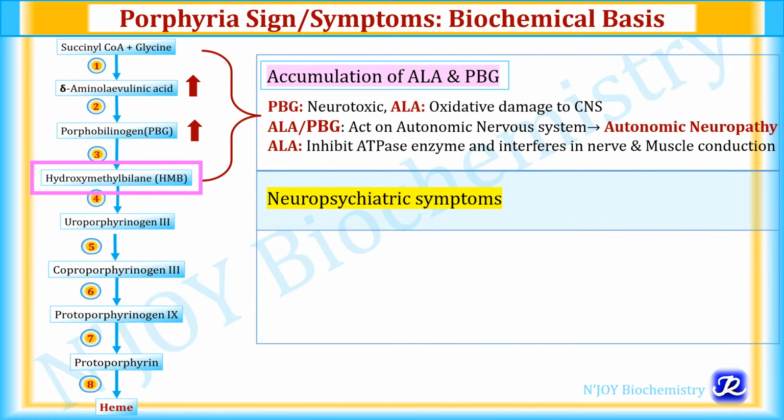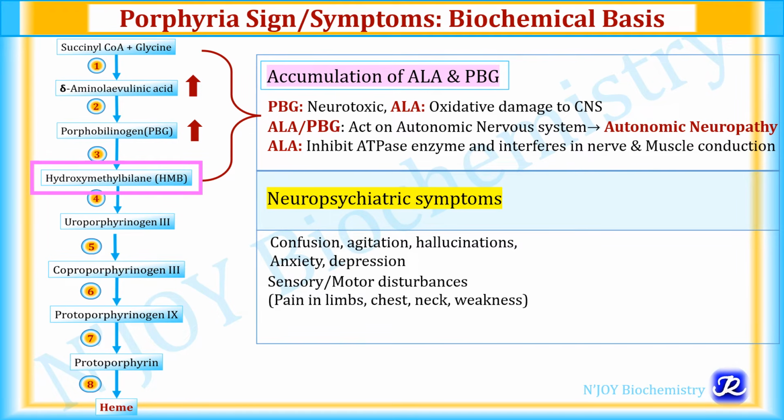So ultimately, because of the damage to the CNS, and as these are neurotoxic compounds, neuropsychiatric symptoms result in the patients of porphyrias. These can be confusion, agitation, hallucination, anxiety, depression. It also results in various sensory and motor disturbances. For example, the patient can present with pain in limbs, chest, neck, and weakness also.